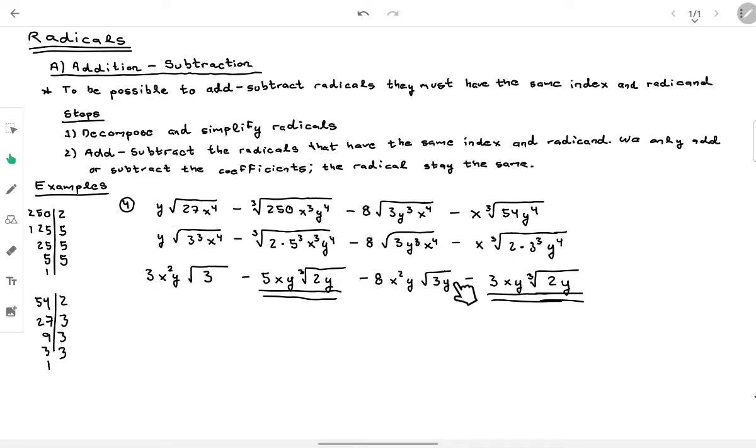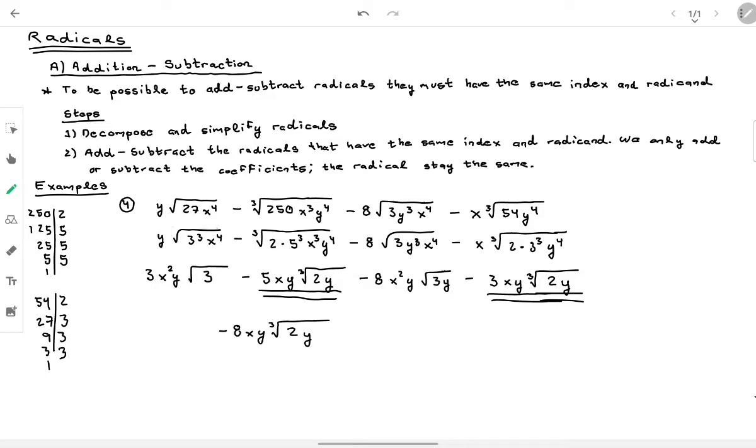Both of them have 3, but this one has y. So those two are not like terms because they cannot be added, because the inside of the root is not exactly the same. So on this one, it's going to be minus 5 minus 3, it's going to be minus 8xy that multiplies the cubic root of 2y.